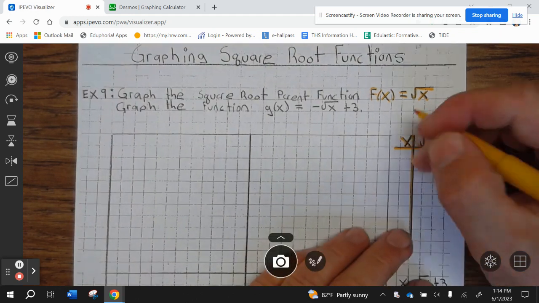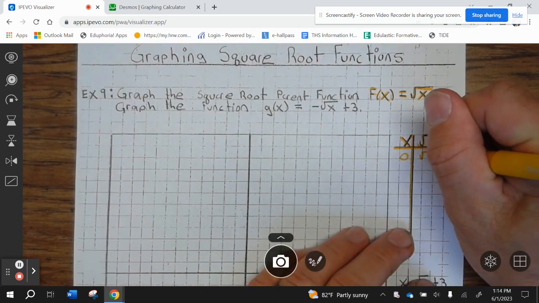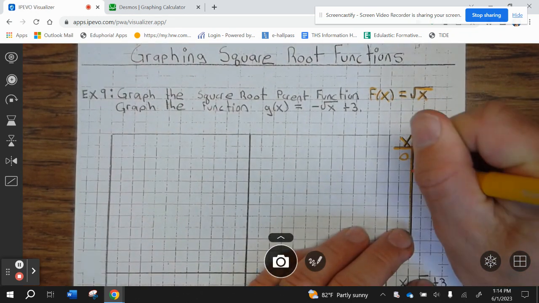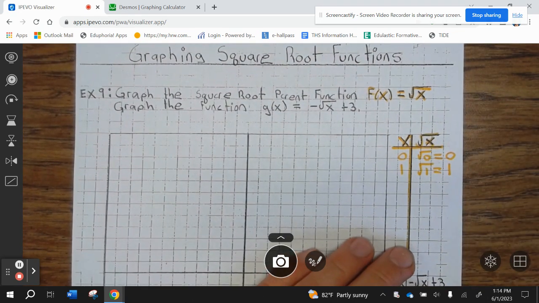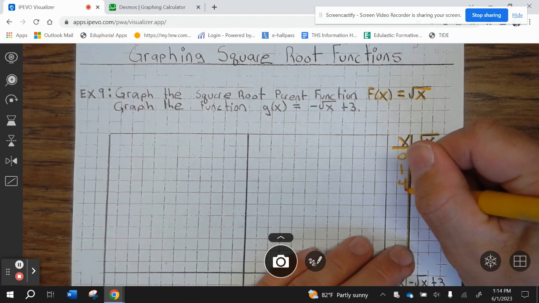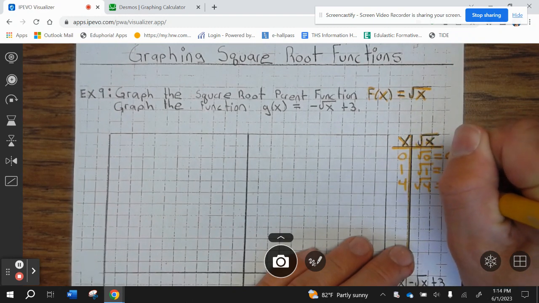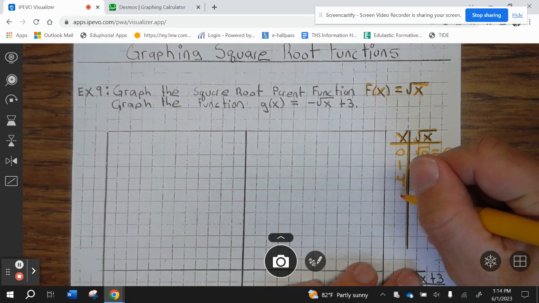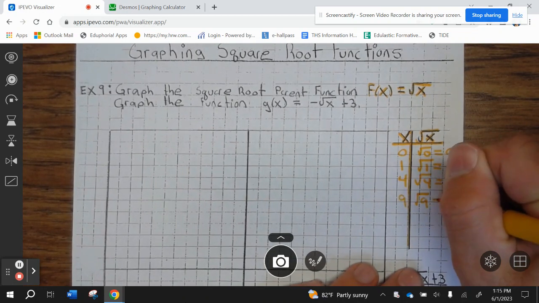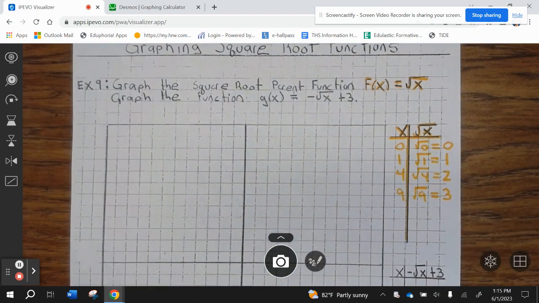So when x is 0, the square root of 0 is 0. When x is 1, the square root of 1 is 1. When x is 4, the square root of 4 is 2. And when x is 9, the square root of 9 is 3. So let's go ahead and graph those points.